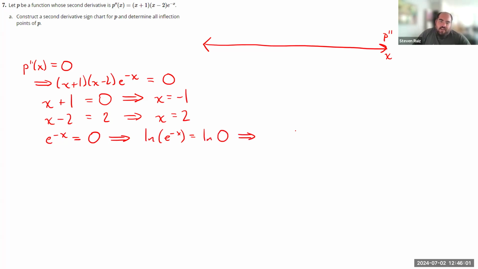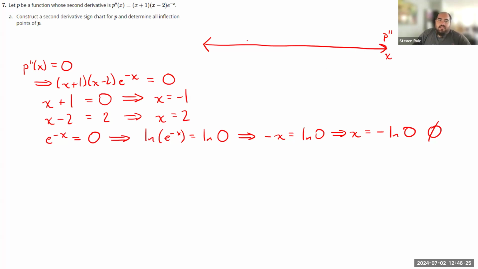Natural log of e^(-x) simplifies to -x = ln(0). So x equals the negative natural log of 0. But natural log of 0 is undefined. So hopefully one of the reasonings I just gave you is convincing that that third factor has no 0.